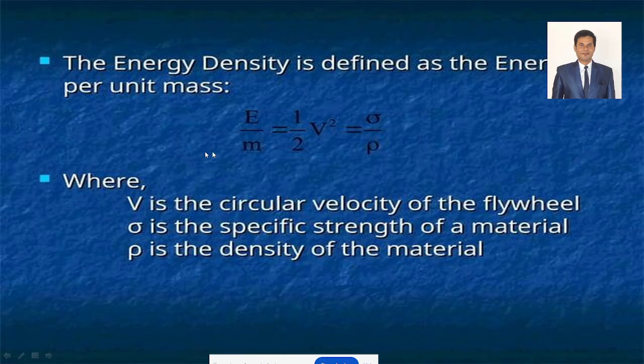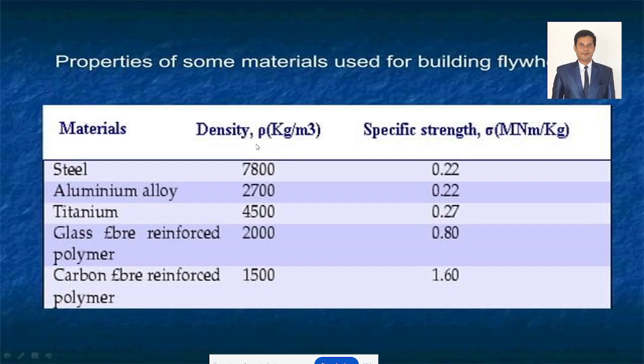Based on the material, we can calculate the energy density using the half m v squared equation. So here we write E by m, which is analogous to sigma over rho, the density of the material.